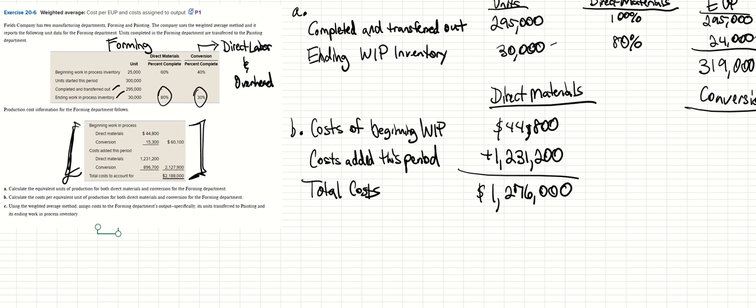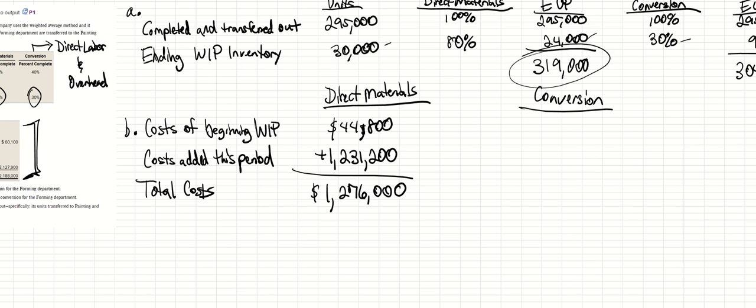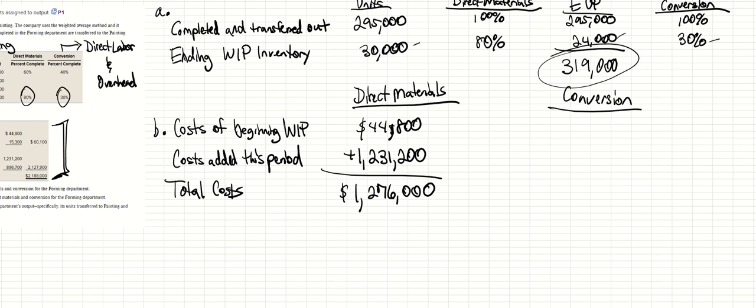$1,276,000. All right. So now what we have to do for letter B, they tell us to calculate the cost per equivalent unit of production. Okay, so for direct materials, we're just going to bring in this 319,000 units that was computed in letter A, and we're going to divide the 1.276 million by that number, 319.